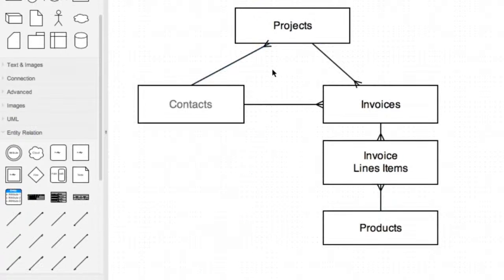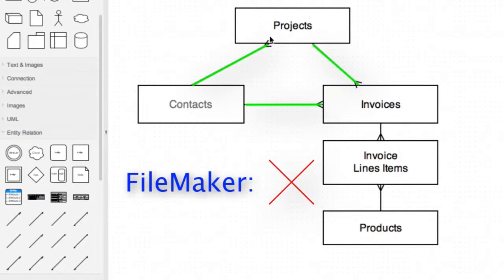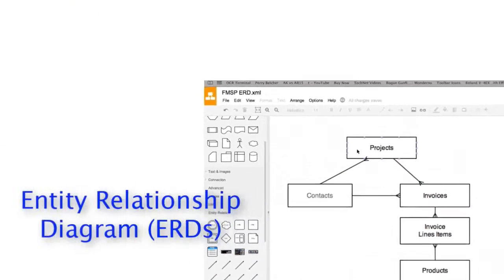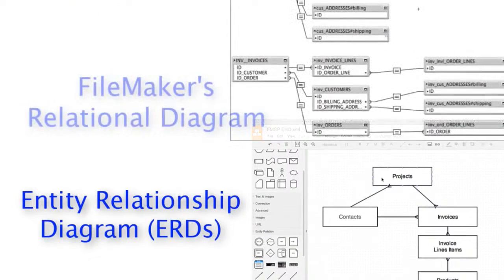And I've cross-connected it. Now, if we were in FileMaker, this wouldn't be allowed because this is a circular reference. But in entity relationship diagrams, that's expected. That's normal because we know that this contact's base table can only be on here once. And we know that it has to talk to both invoices and to projects, which makes sense. So understand the difference between ERDs and FileMaker's relational diagram.